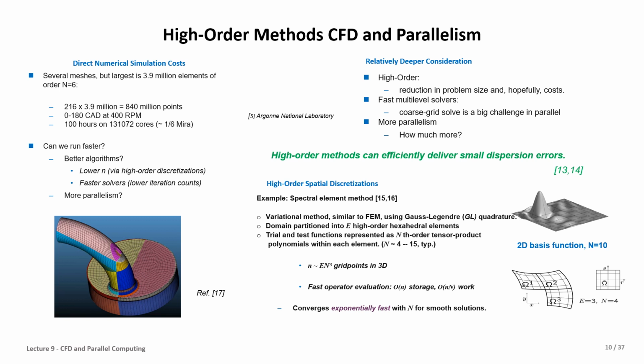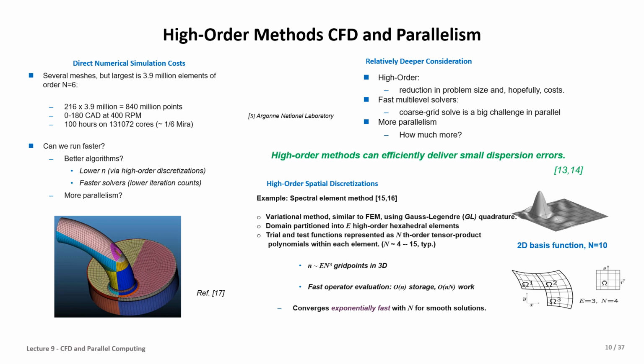It's for the DNS, direct numerical simulation, cost. In this example, it is composed of 3.9 million elements with order number 6, which means there are 840 million points in the model, using 131,072 cores for 100 hours.